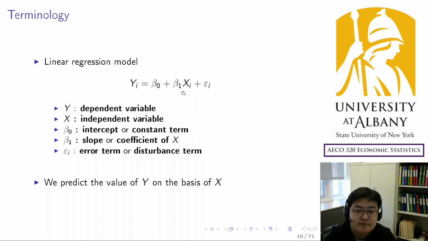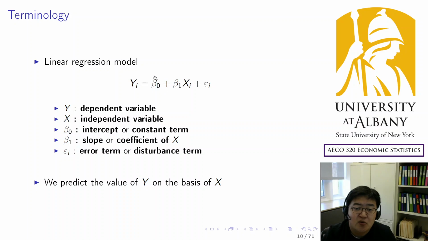So X is called the independent variable, or I prefer explanatory variable, because it explains how Y is determined. More officially, it's more common to call this the independent variable or regressor. Okay, and I'll usually call this X.